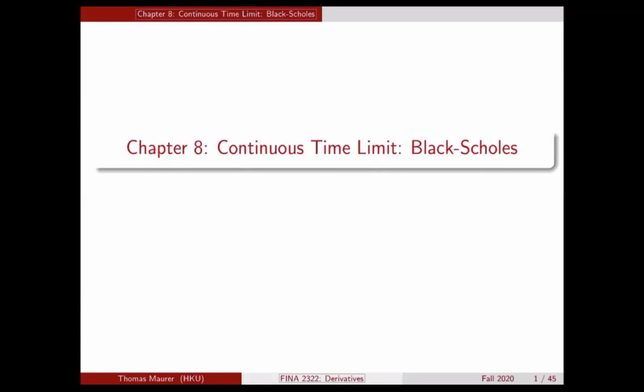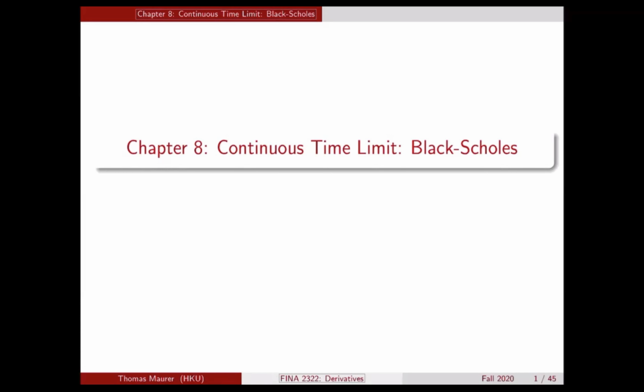And what we're going to show is that our binomial tree is going to converge to the very famous Black-Scholes formula, for which Robert Merton and Myron Scholes earned the Nobel Prize. Fisher Black, even though he was one of the key people introducing the Black-Scholes formula, didn't get the Nobel Prize because unfortunately he passed away before it was awarded for this formula and also for other contributions in continuous time finance.